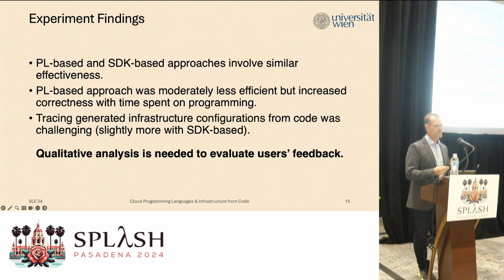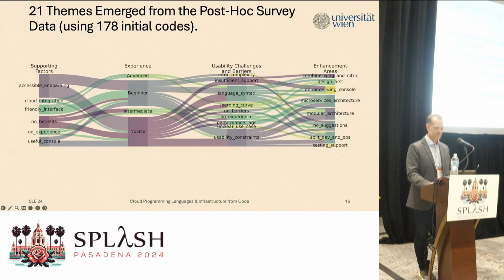So as we see, there is not really a significant difference between these both approaches, and we wanted to know what the feedback from the users is, what is the feedback from the participants. So this also shows somehow the classical empirical studies limitations if you just look at correctness and completion time.